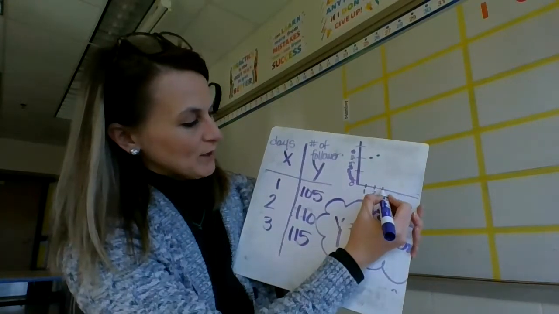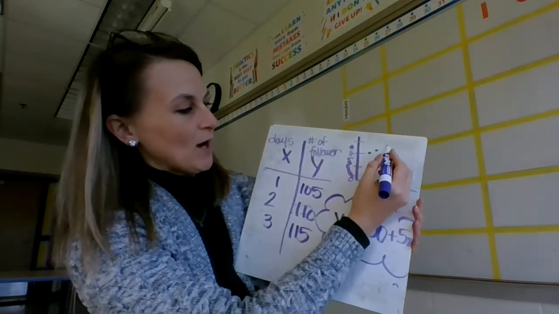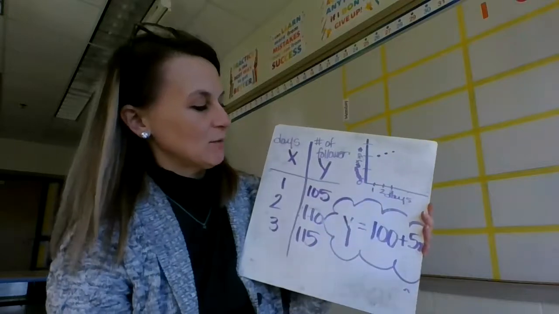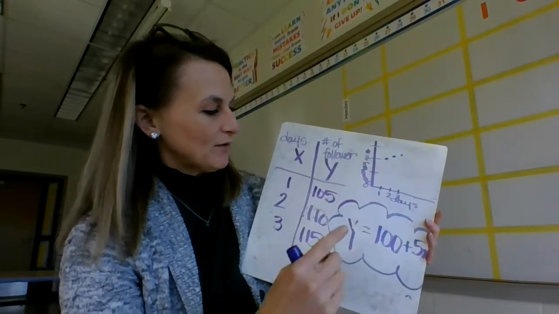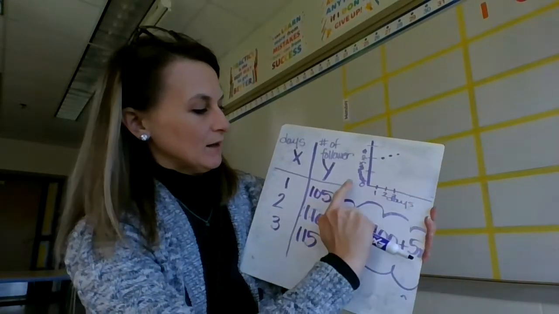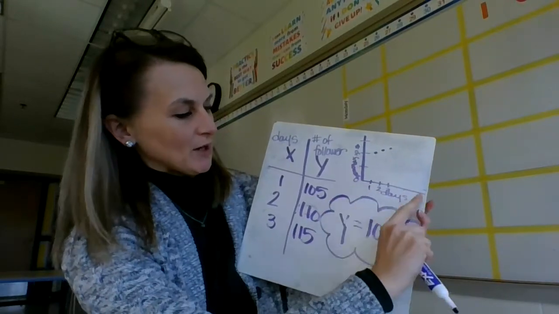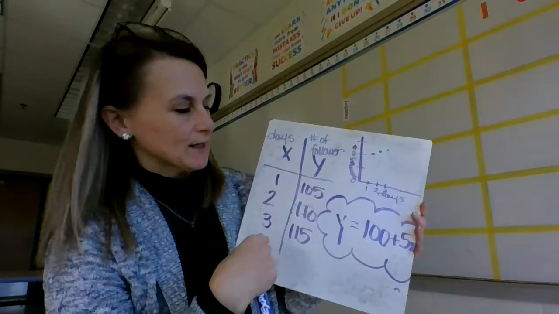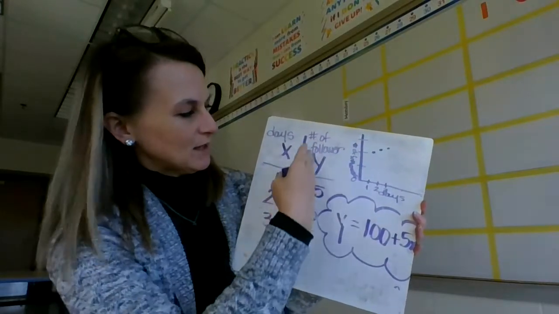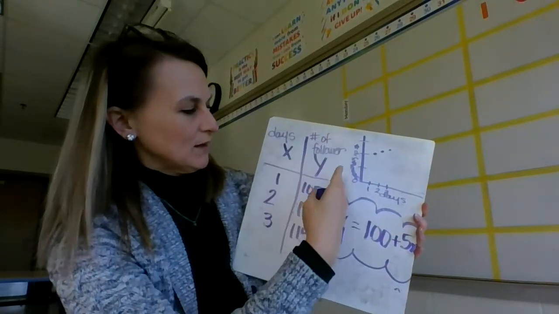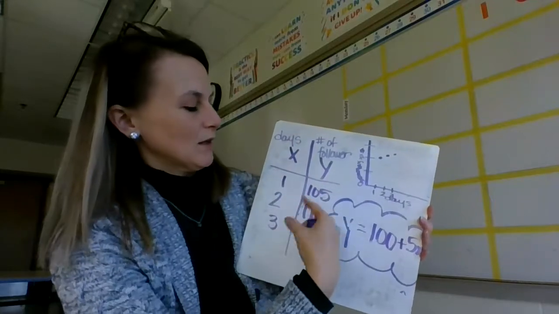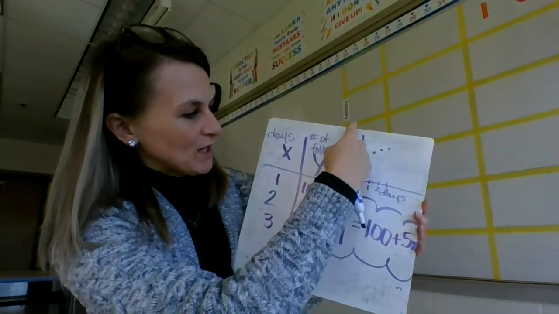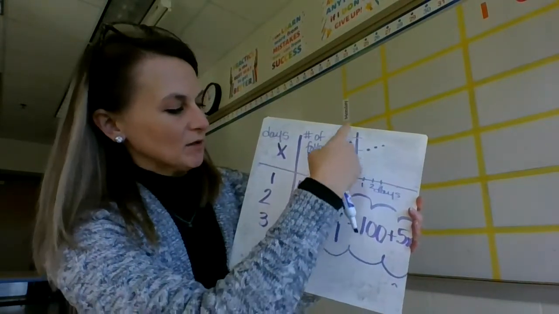And then over 3 days, we'd go up to 115. She'd be just a little bit higher. So eventually, we'd have our independent variable on the x-axis. It's that thing that just usually goes up by 1 a lot of times. And then our dependent thing is the thing that changes depending on whatever this number is. So our dependent variable is the one over here on the y-axis, and it's the number of followers.